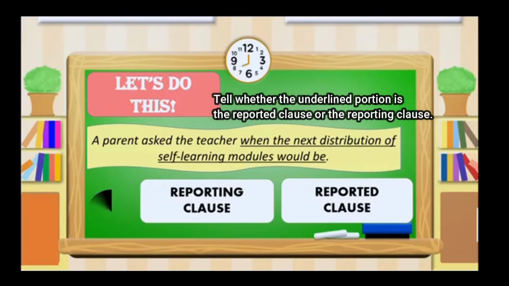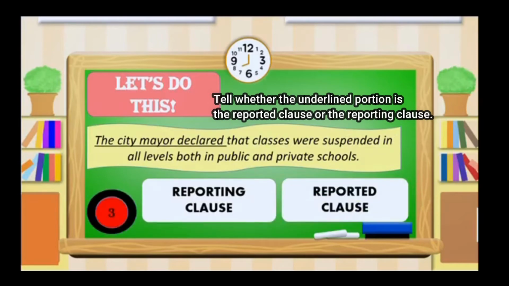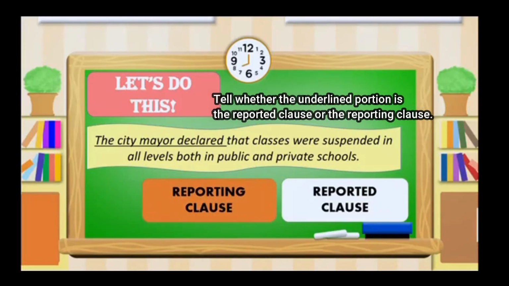Time's up. The correct answer is reported clause. Isn't it easy? Let's proceed to the next. Time's up. The correct answer is reporting clause. Did you get all three correct? Congratulations!